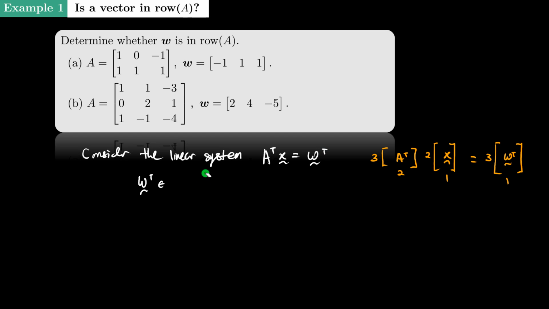Now from the previous, we know that W transpose is in the column space of A transpose if and only if the linear system is consistent.